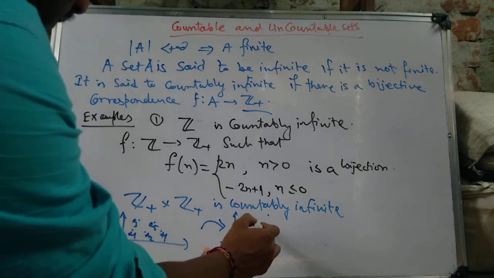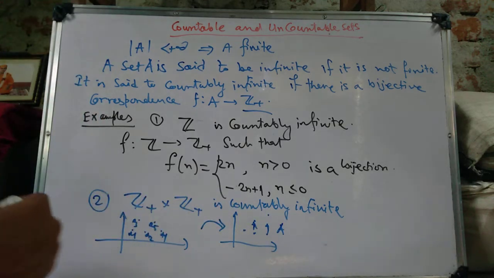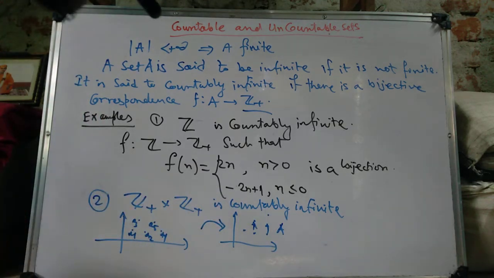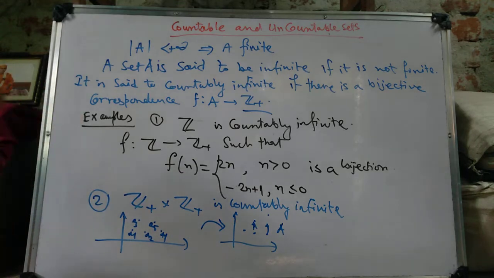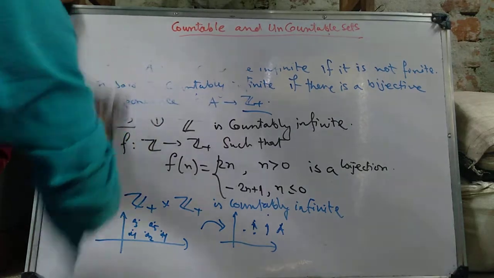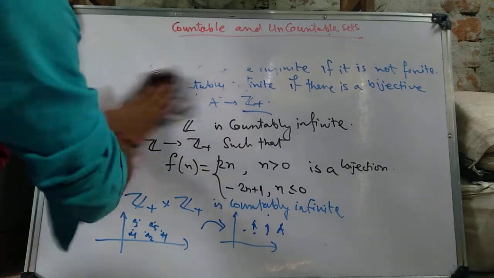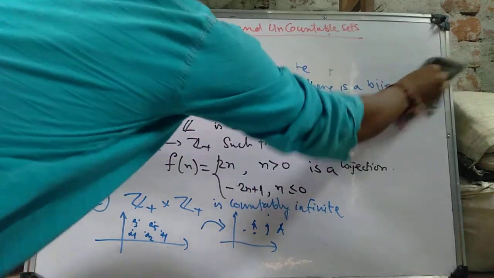That means how is this possible? This is possible if we define a bijection f.